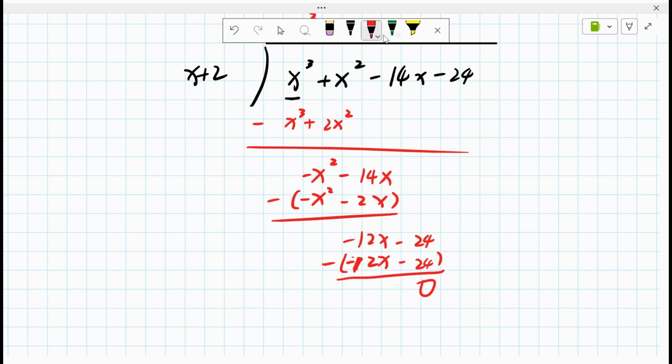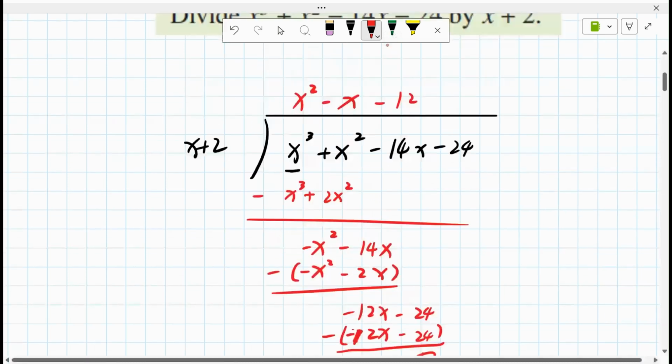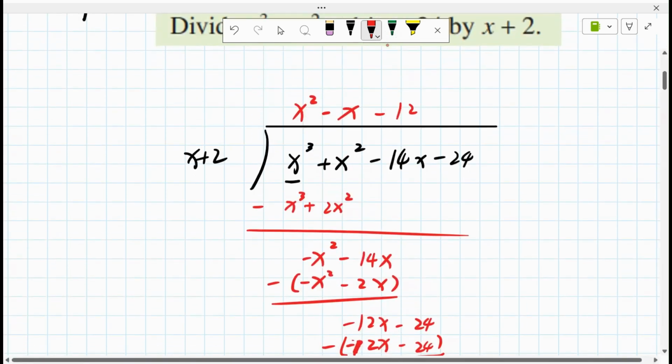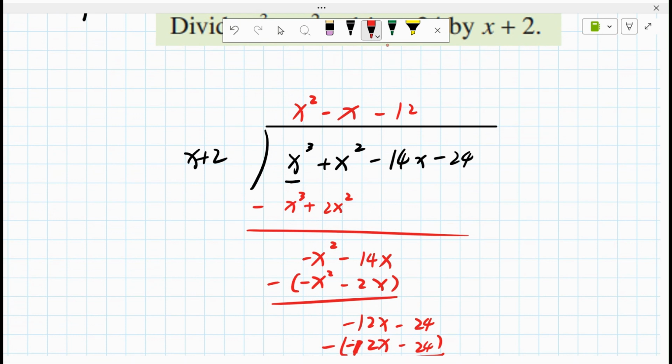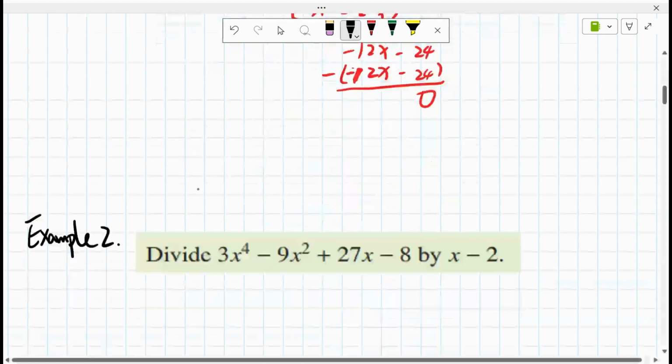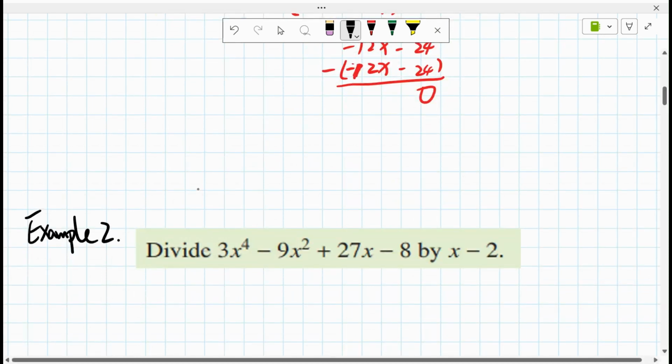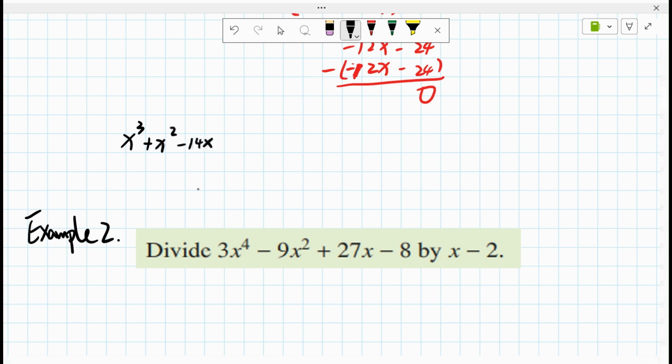And then we could rewrite it as x squared minus x minus 12. That is your quotient. Let me redo that a little bit: x cubed plus x squared minus 14x minus 24 divided by x plus 2 equals x squared minus x minus 12.